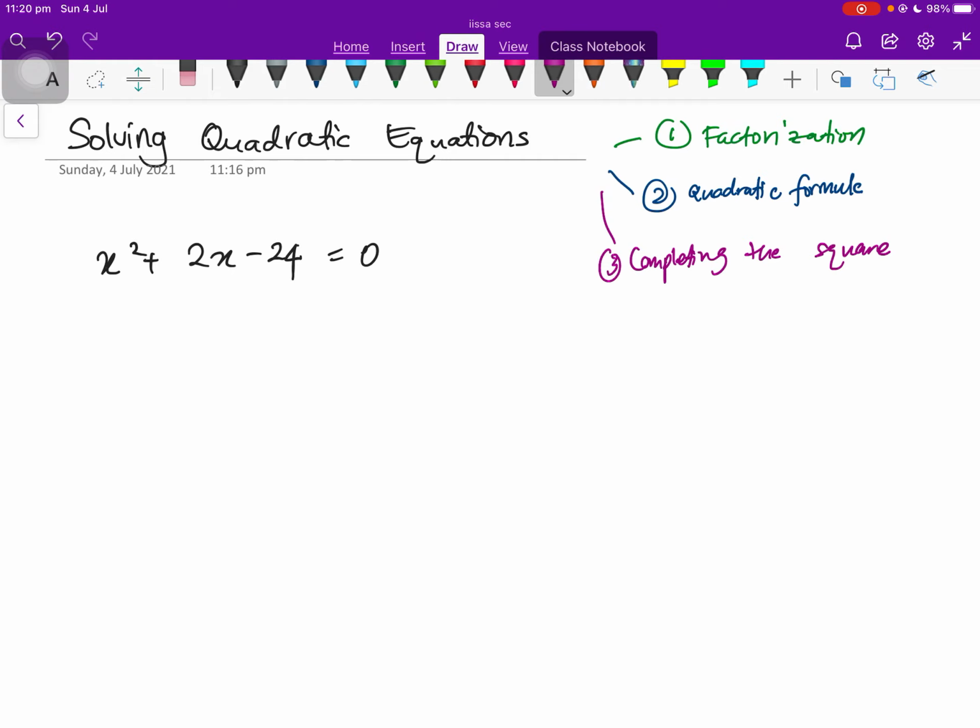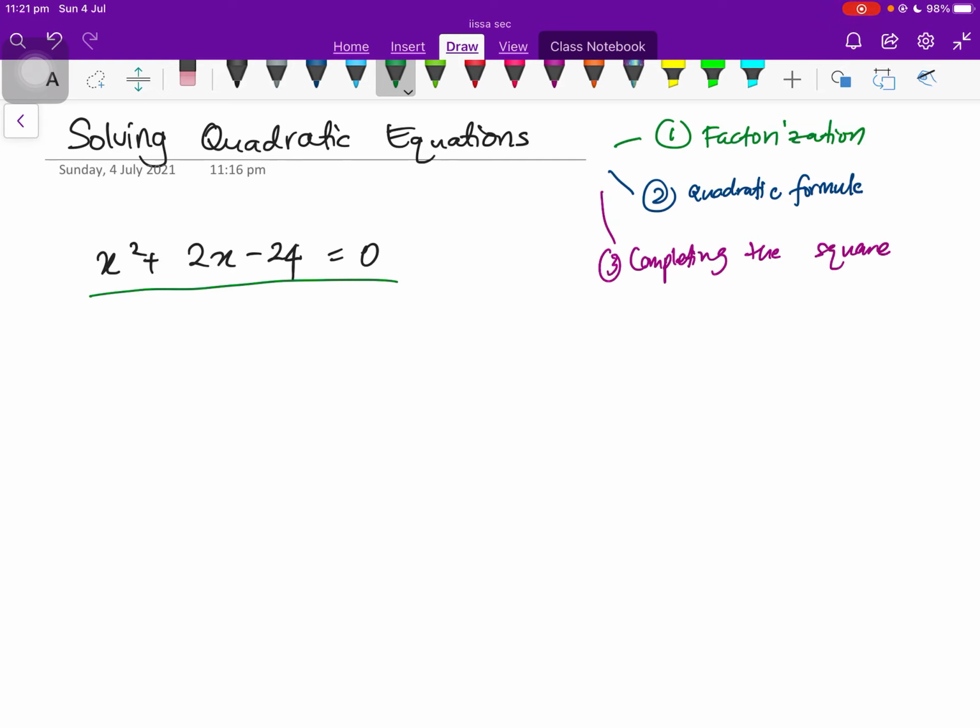Firstly, for factorization, let's use this equation. On a side note, if you have an equation, you can use any of those methods to solve the quadratic equation, but some methods are easier and faster than others. In this case, you can just factorize. I've told you how to use your calculator.